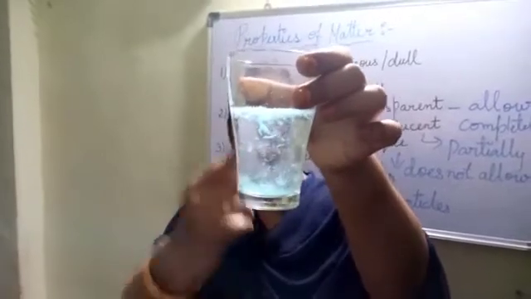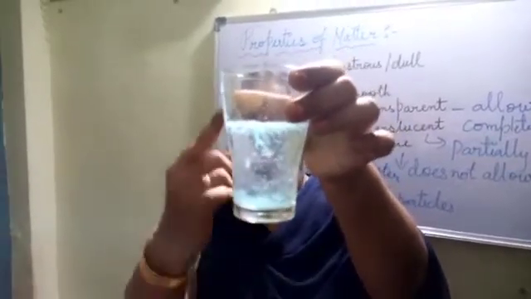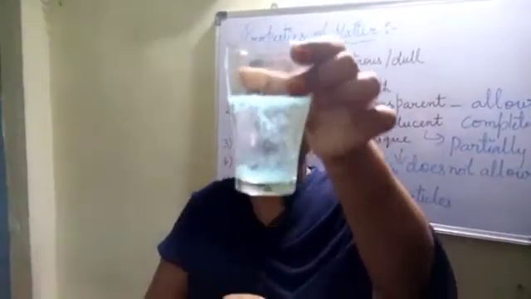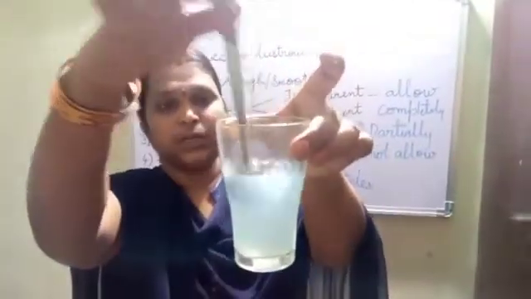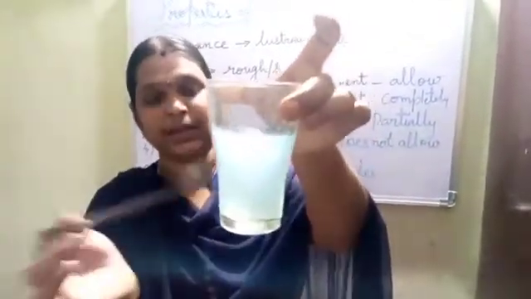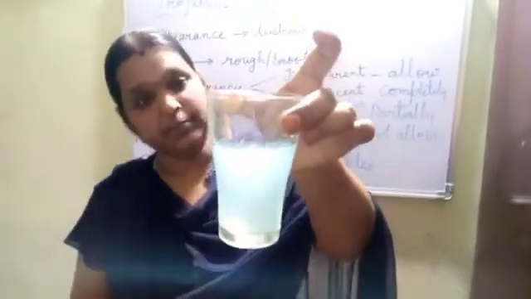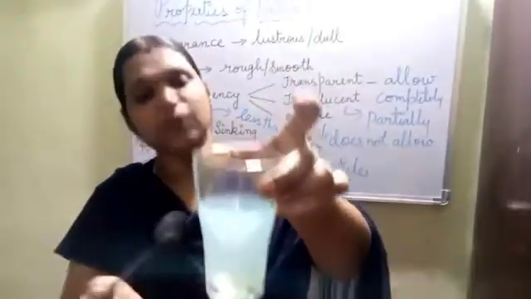Intermixing of particles on their own is called diffusion. When I stir it, you can see that the complete solution has been turned into this. So the particles of this comfort have completely diffused in water.